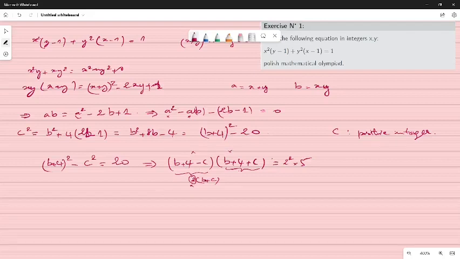And because the right hand side is even, the two quantities must be even.